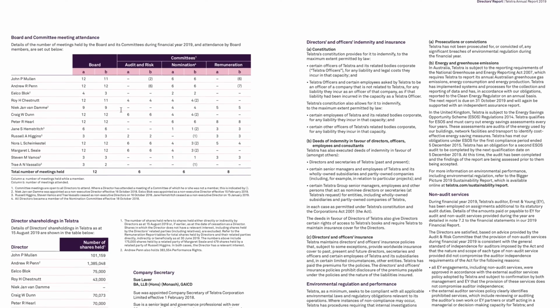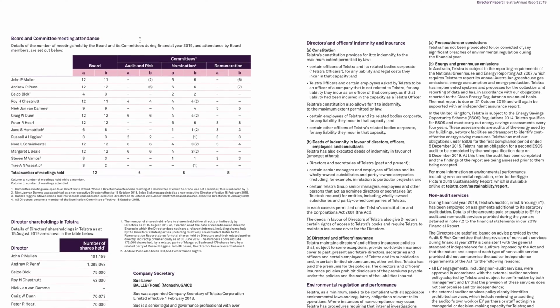Now, the next thing we're looking at is, did the board of directors actually go to meetings? This is something you might not think about straight away, but there is often a table in the remuneration report which sets out how many meetings were held by the board of directors that year and how many were attended by each individual.